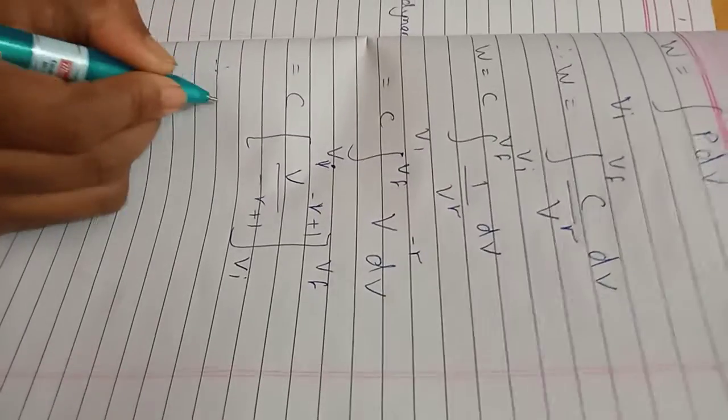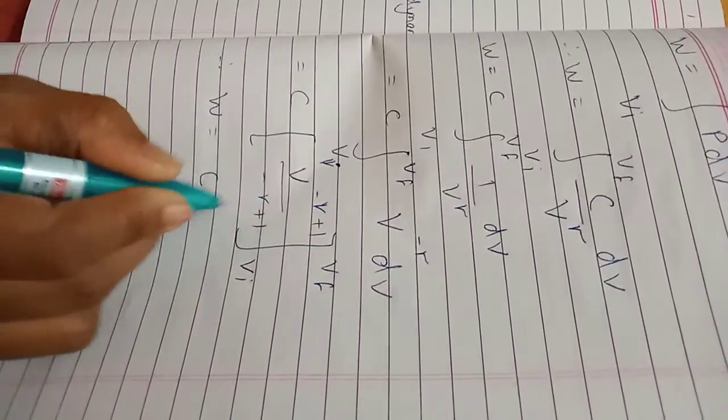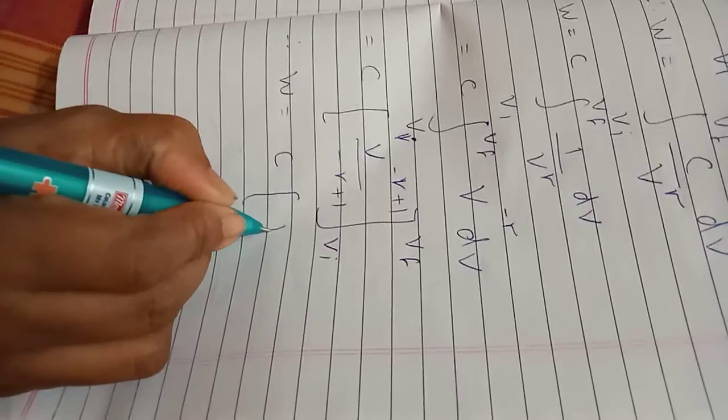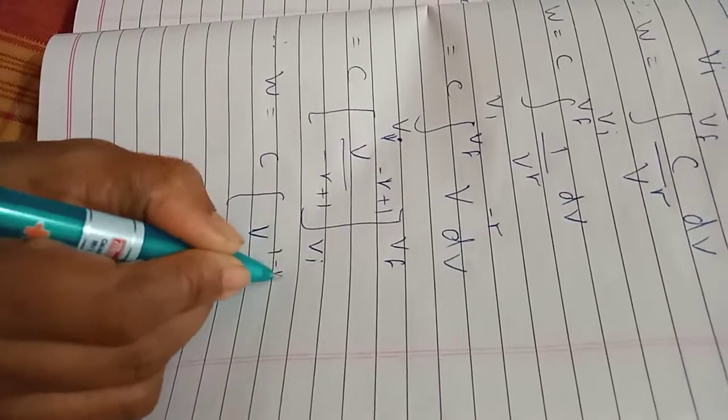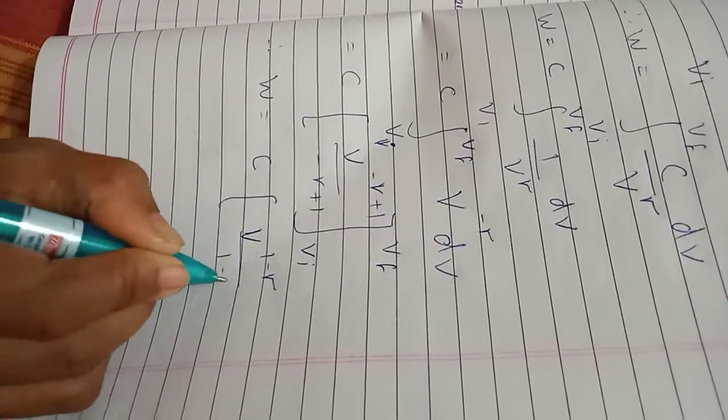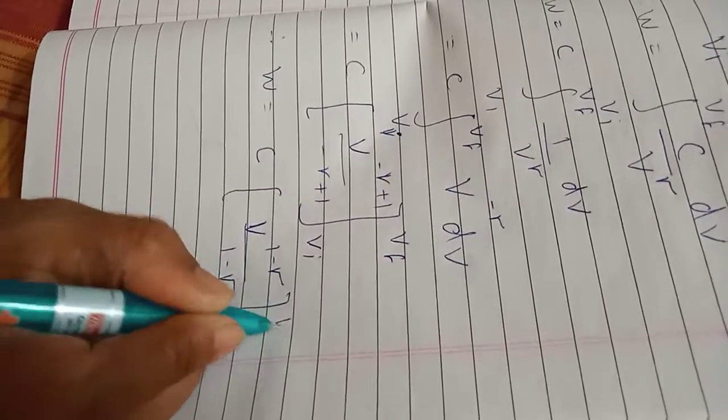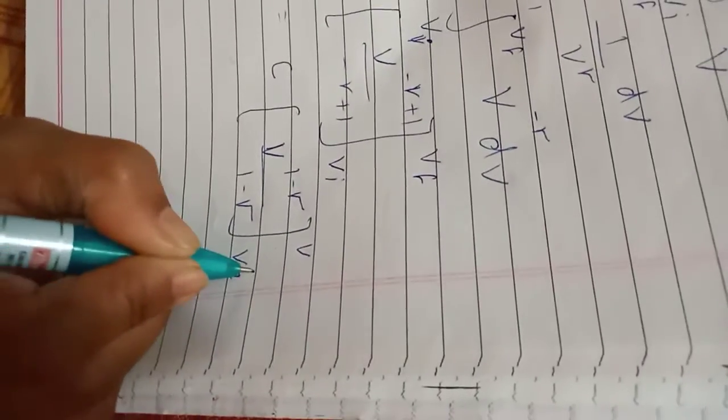Now, what is this? W equal to C times V raised to 1 minus gamma divided by 1 minus gamma, from Vi to Vf. So, what do we get here?